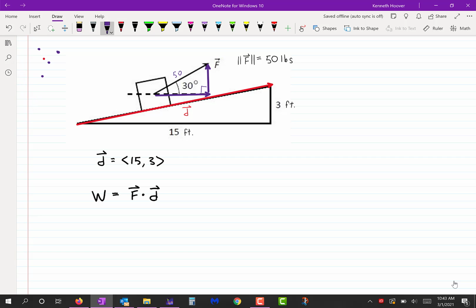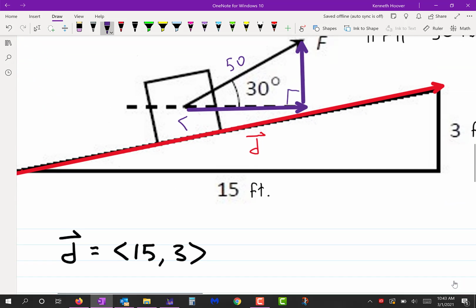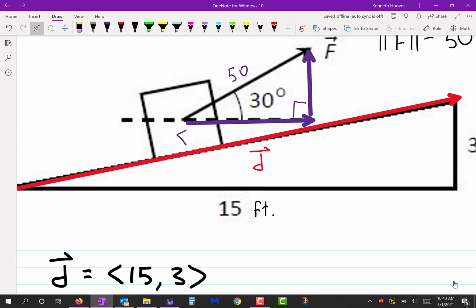And so that vector down there is going to be, I'm going to blow this up bigger just for the time being so you can see it here. It's going to be 50 times cosine of 30 degrees, comma 0. What's the cosine of 30 degrees?